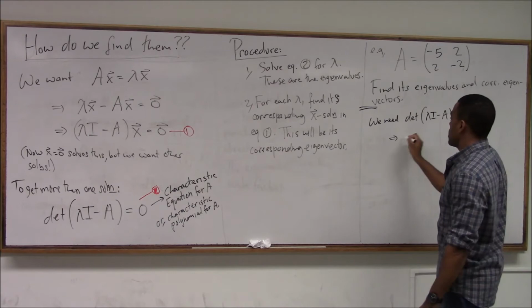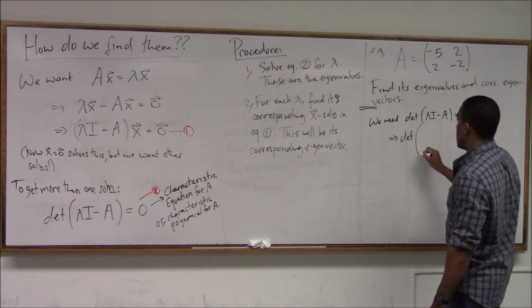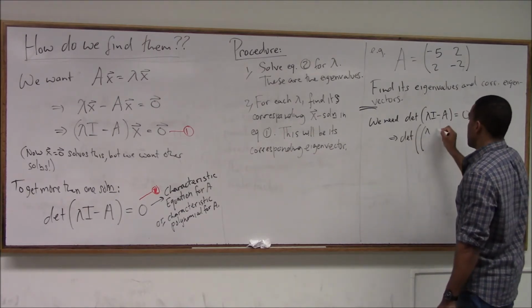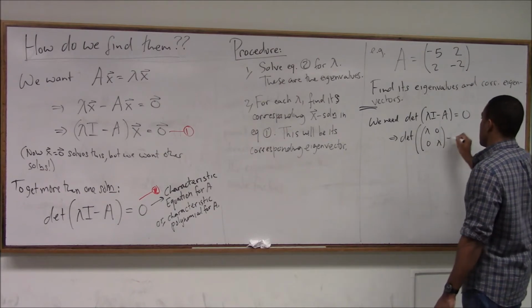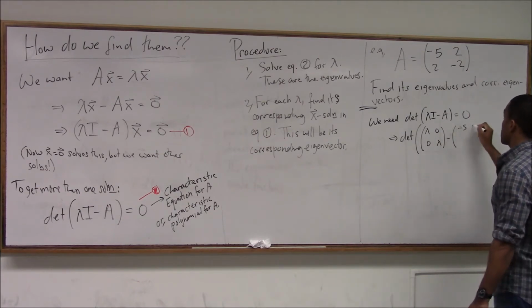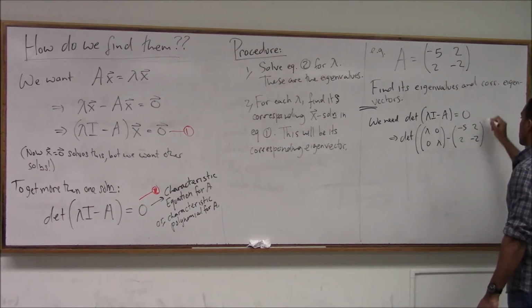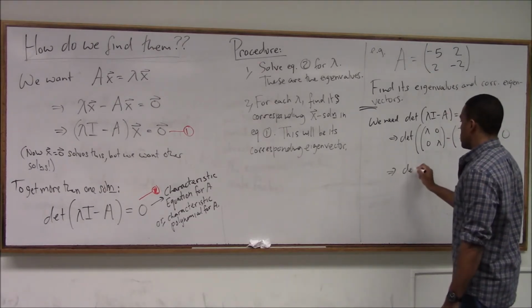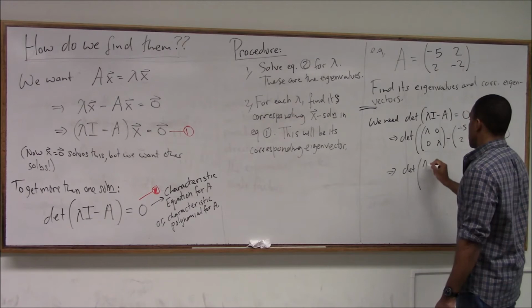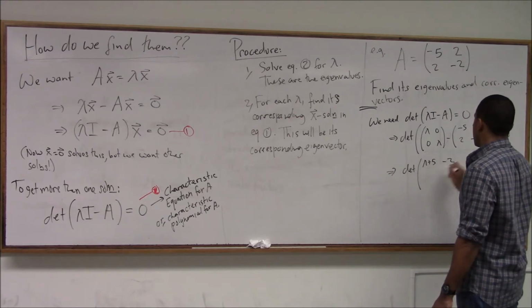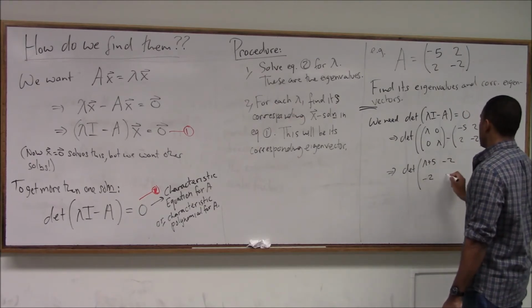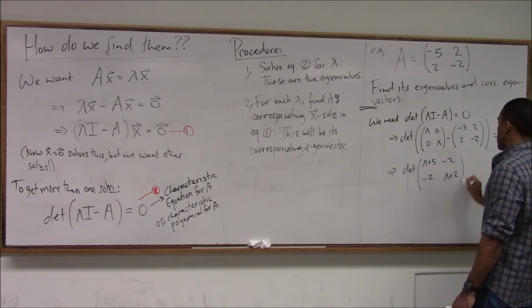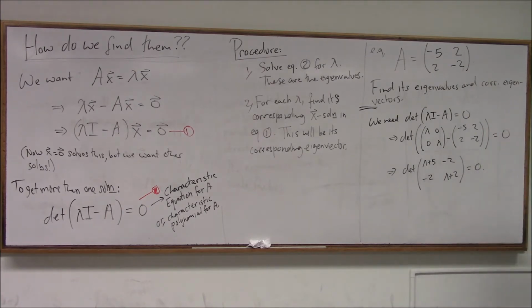In other words, I want the determinant of lambda 0, 0, lambda minus the A to be 0. In other words, I want the determinant of lambda plus 5, minus 2, minus 2, lambda plus 2 to be 0. And usually you can just jump to this step.